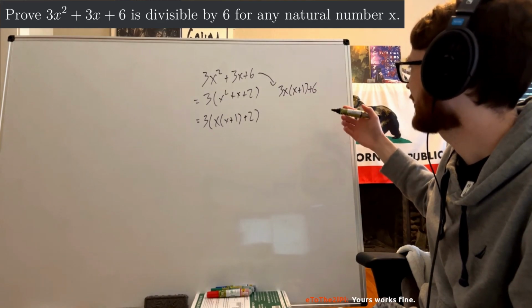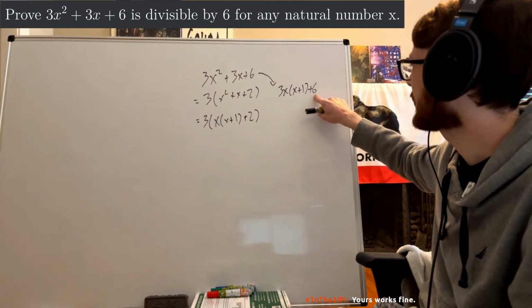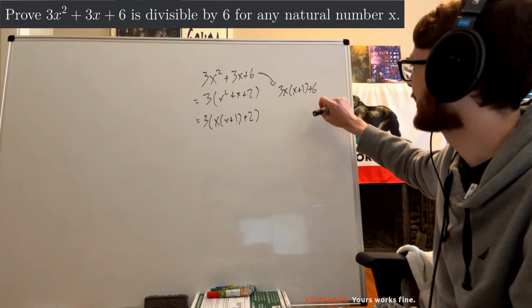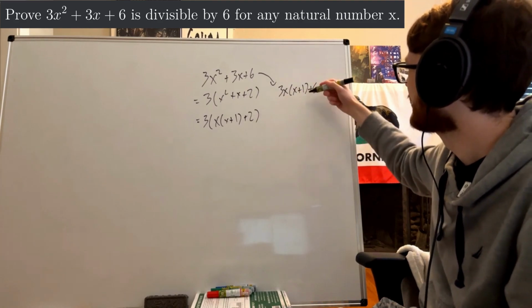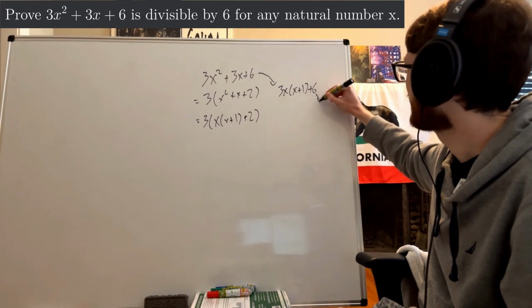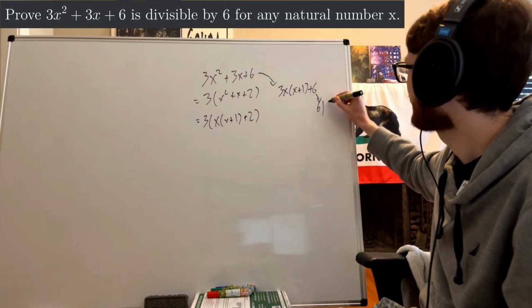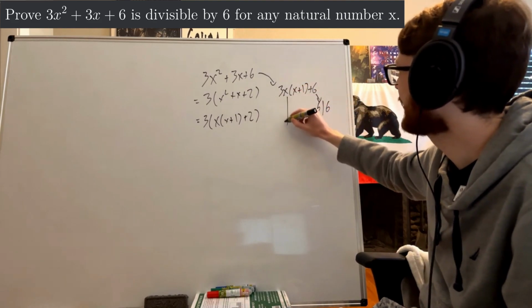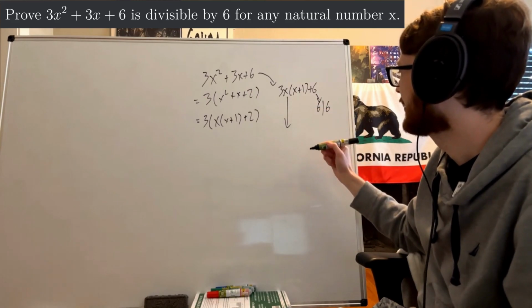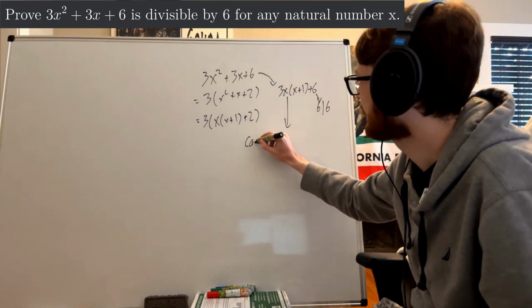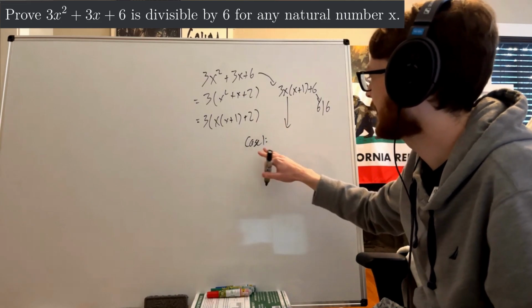Although they both work, 6 is clearly divisible by 6. I hope I don't have to explain that too much. And then 6 divides 6, I guess I'll write. And then for this piece, in English, we have split them into cases.